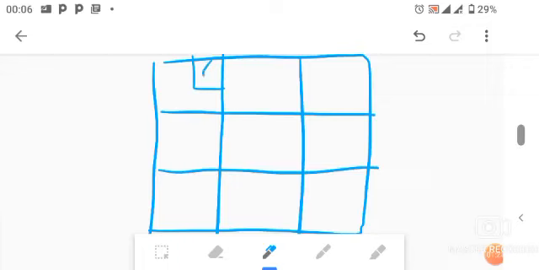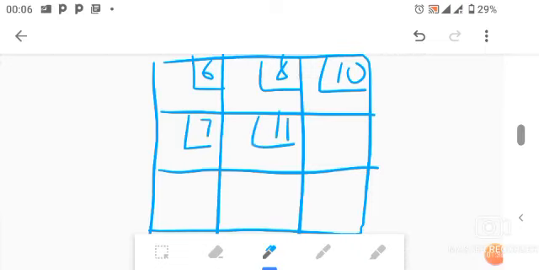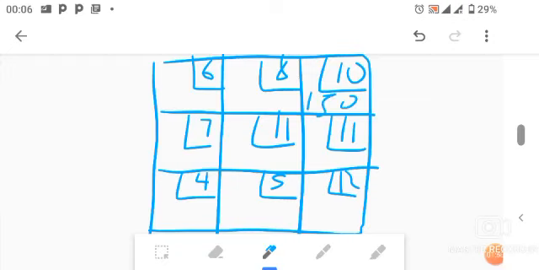So you have a 6 there, 8, you also have 10, the next one you have 7, the other one 11, the other one 11, the other one you have 4, the other one you have 5, and the other one you have 12. Let's just put in those units that came out in that initial feasible solution.